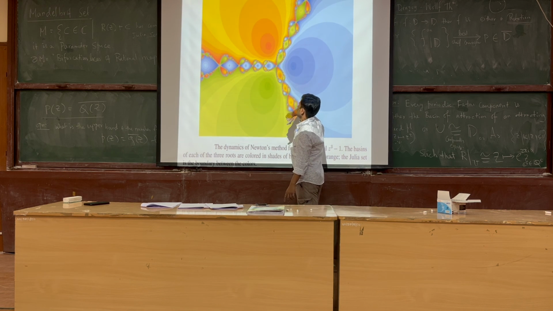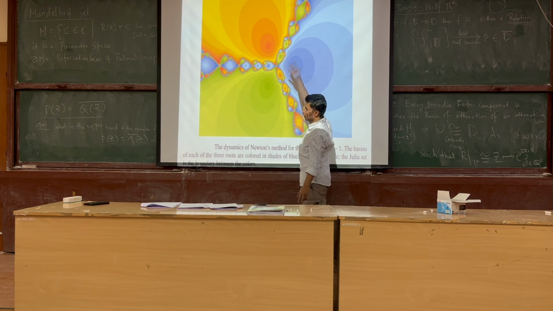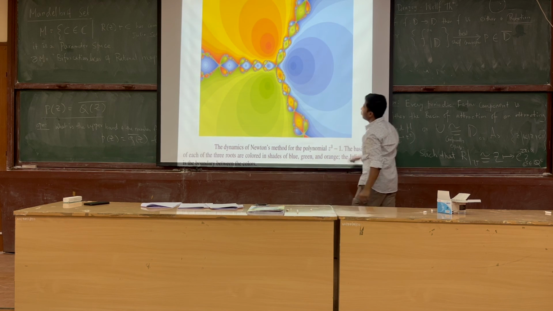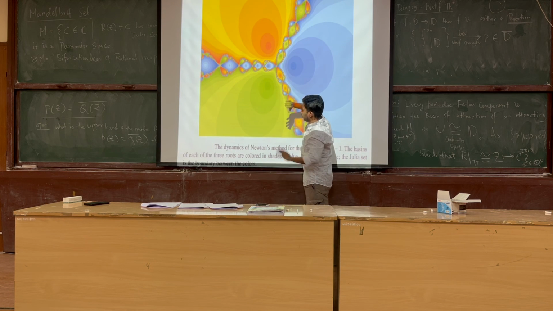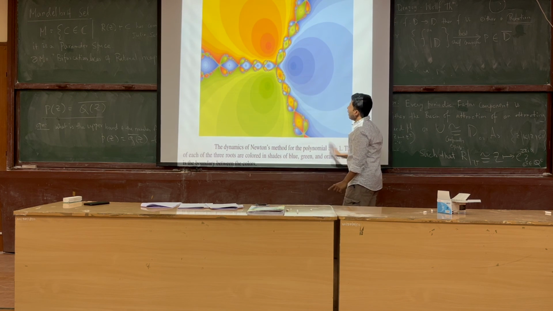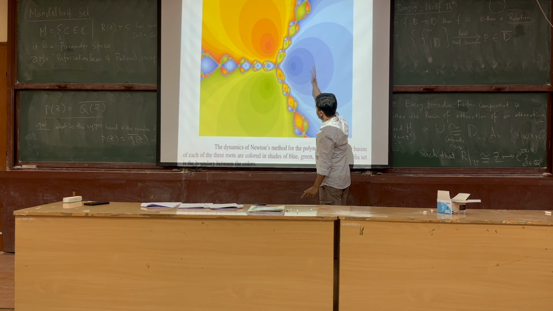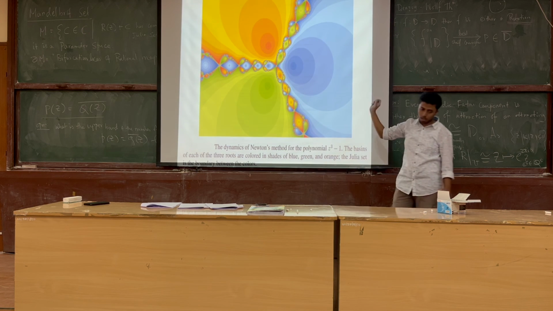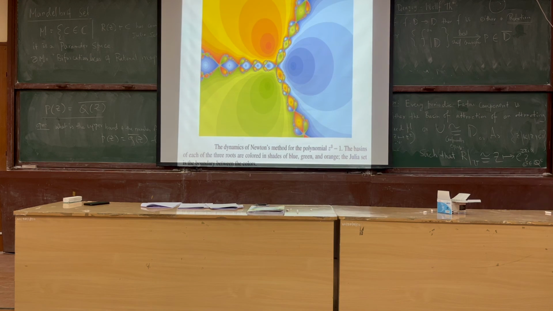What is happening here? Is it attracted by this set, or this set, or this set? We can't compute. If we precisely define the Julia set, we will see that these points come to the Julia set. And we can prove that for this the Julia set has positive measure.